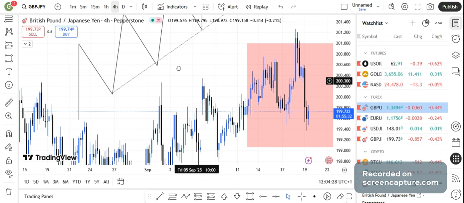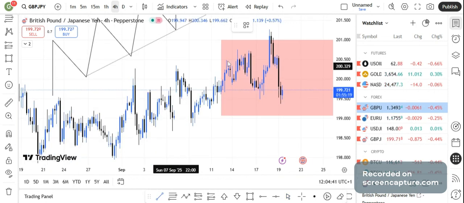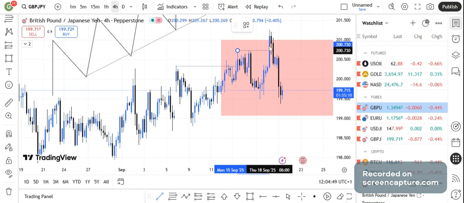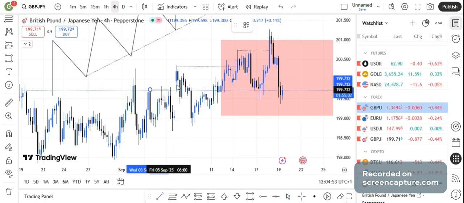You will see a breakout here. There is another BOS, a break of structure, right here. And when we look at this too, we'll find the break of structure right here again. Even right here, we find a break of structure.